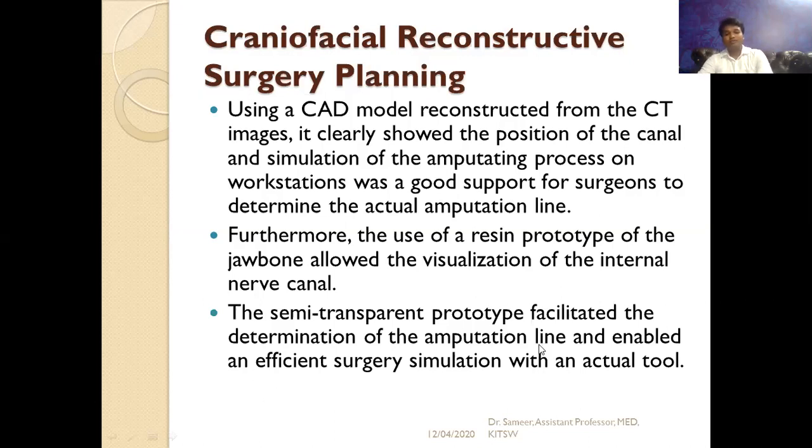This semi-transparent prototype facilitated the determination of the amputation line and enabled an efficient surgery simulation with an actual tool. That's how the craniofacial reconstructive surgery planning was done effectively with the help of additive manufacturing.